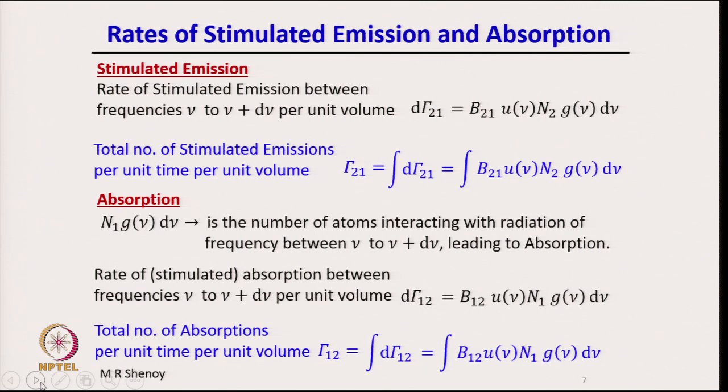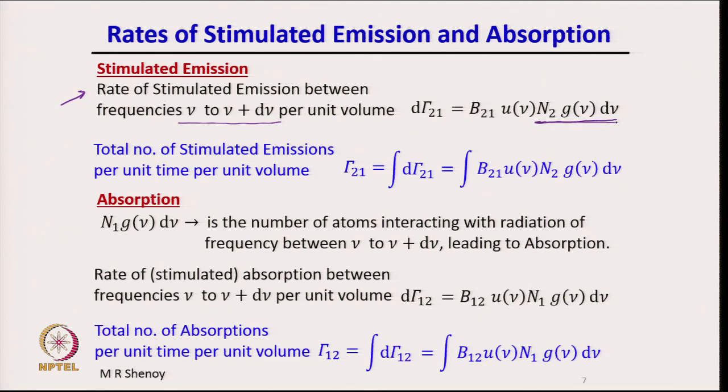Now, the rate of stimulated emission and absorption. Exactly like the spontaneous emission, the rate of stimulated emission between frequencies nu to nu plus d nu per unit volume, we call it d gamma 21, is given by B21 into u nu into N2 G nu d nu. Please see, earlier we had just N2.